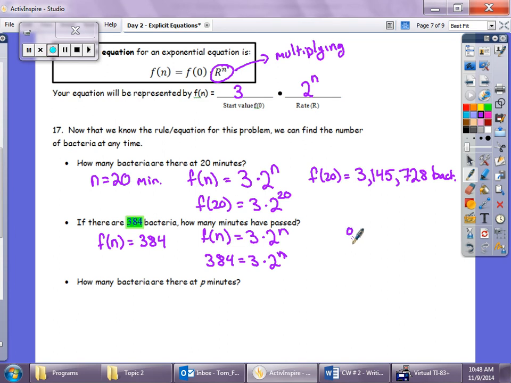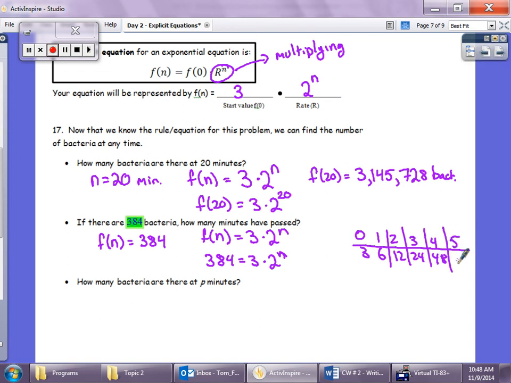We had 0 was 3, 1 was 6, 2 was 12, 3 was 24, 4 was 48, 5 was 96, 6 was 192, and 7 is going to be 384. So when n is equal to 7, we have 384. So we know that n is equal to 7.